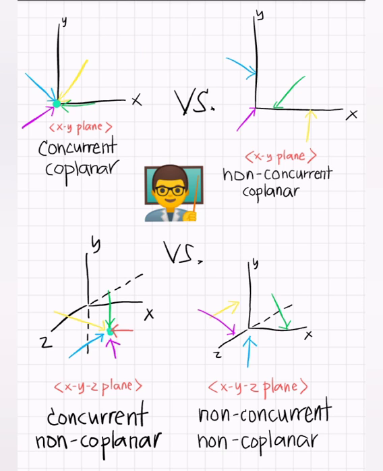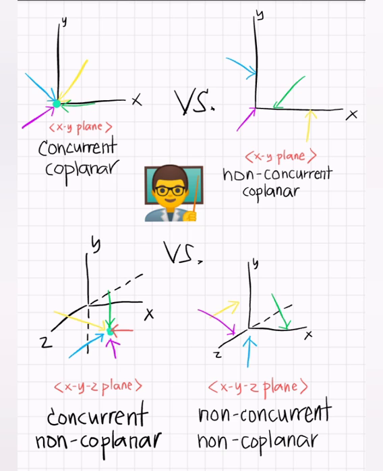And on the upper right is a non-concurrent coplanar force system, and still in the XY plane because it's coplanar. The blue, purple, green, and yellow forces do not meet in a single point.